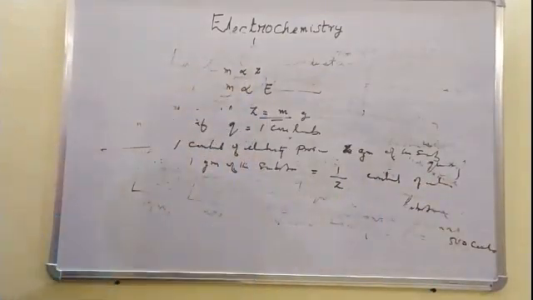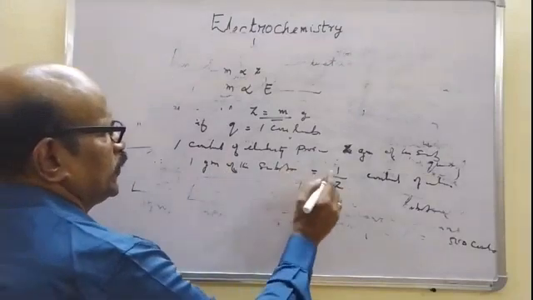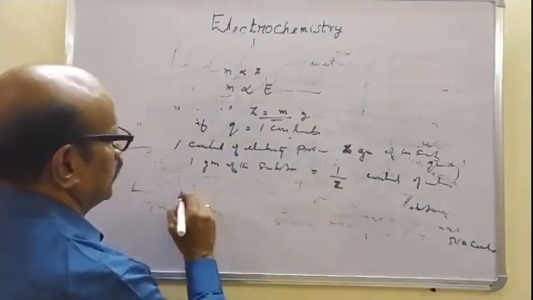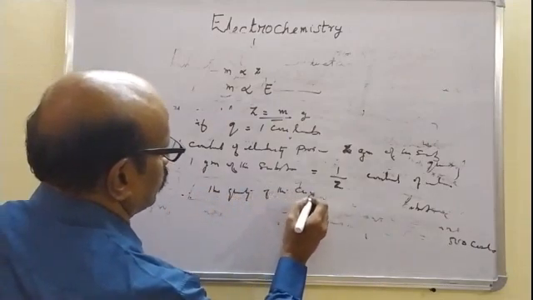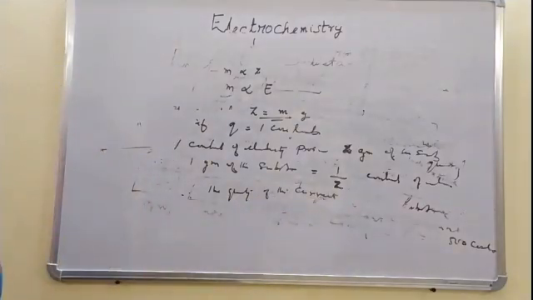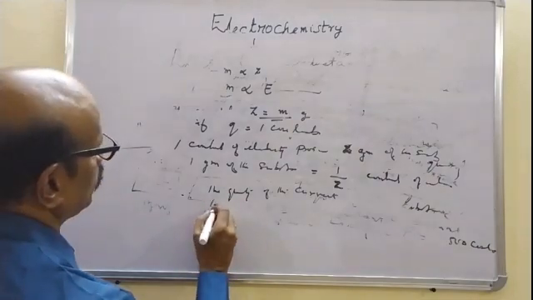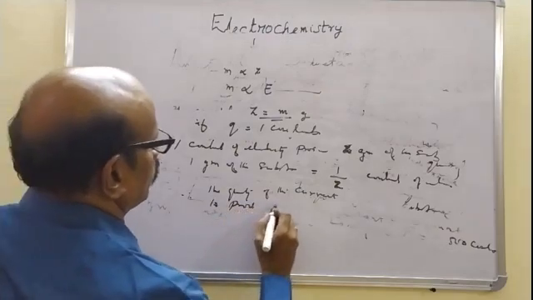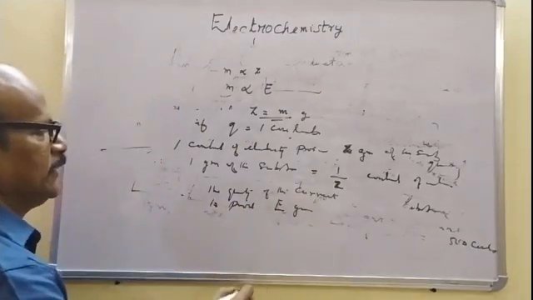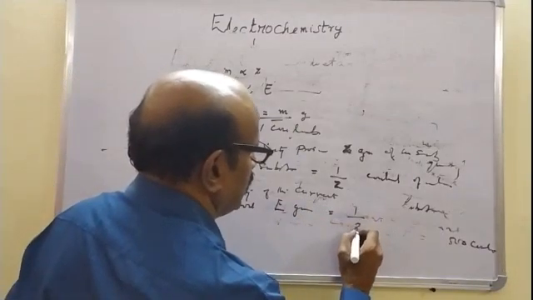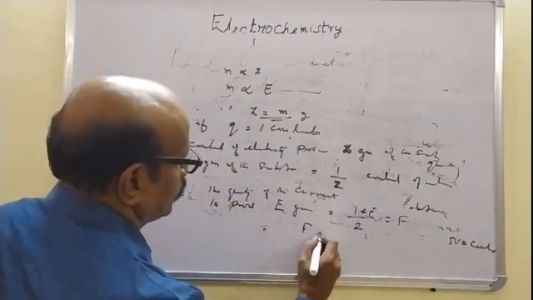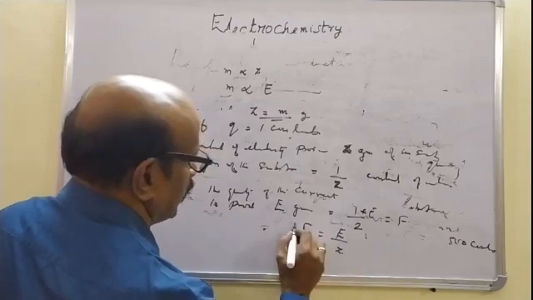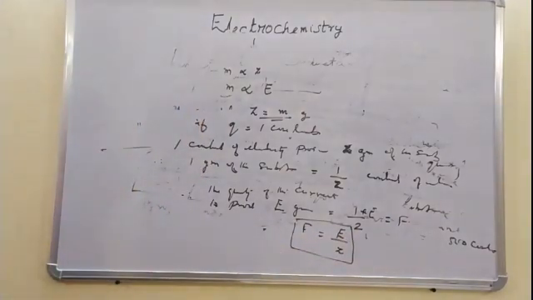Now, what is Faraday? It is the quantity of current required to produce E gram of the substance, that is the one equivalent. So E gram of the substance requires 1 by Z into E, that is equal to F. So we have F is equal to E by Z. That's our definition.